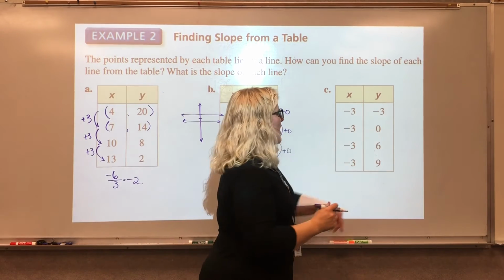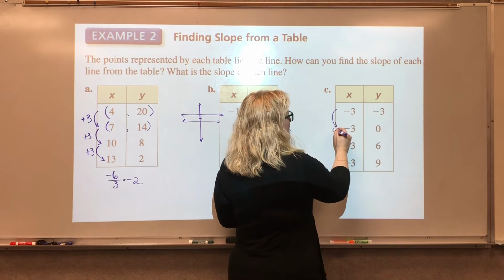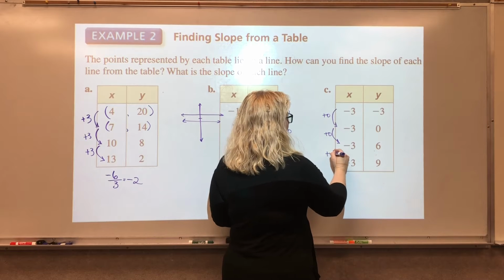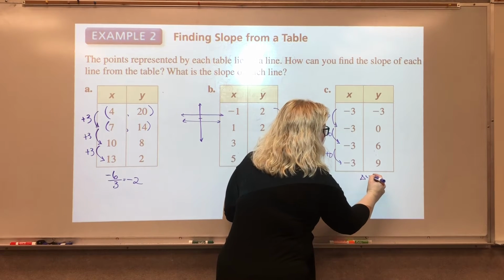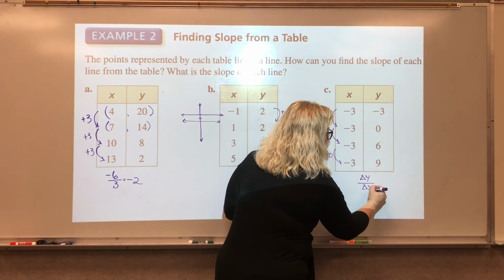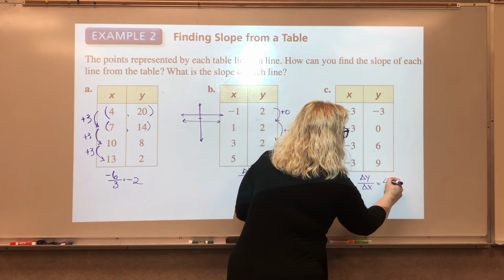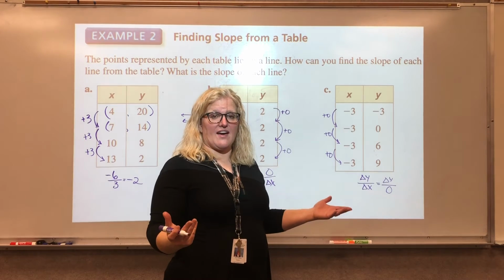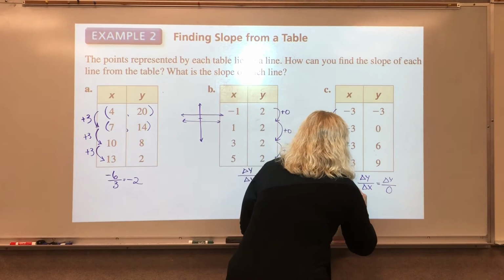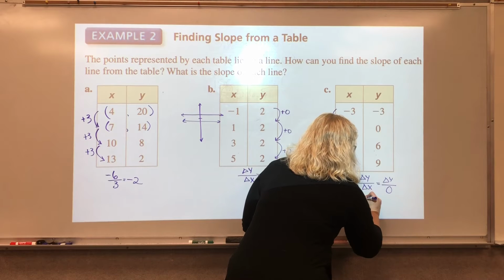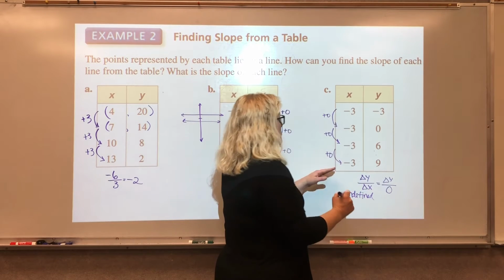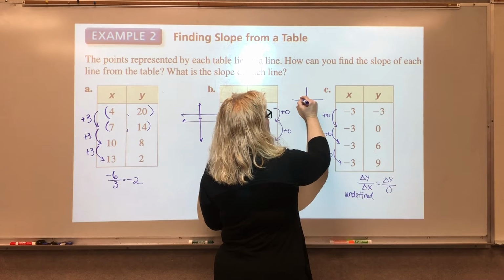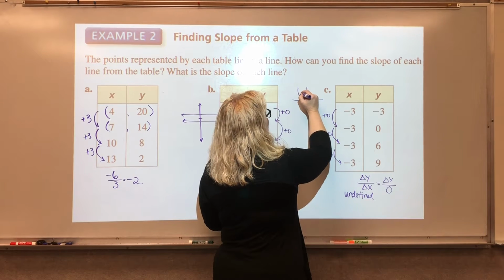Over here, on the other hand, it's my x value that isn't changing. Okay, so again, I have my change in y over my change in x, and this time I have 0 in the denominator, and we can't have that. So this is undefined. So this one would look like 1, 2, 3, x is negative 3.